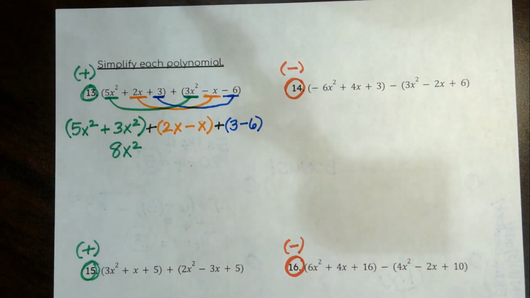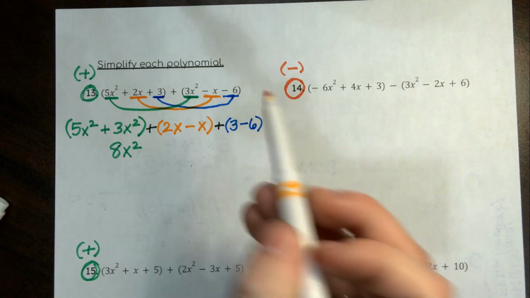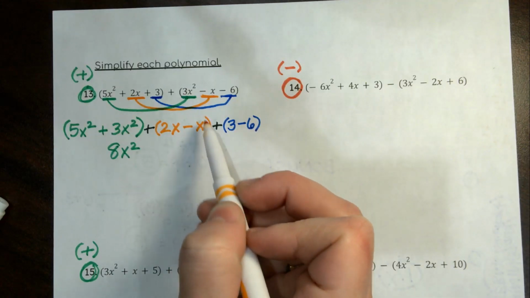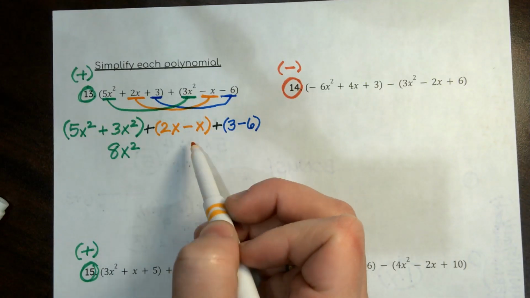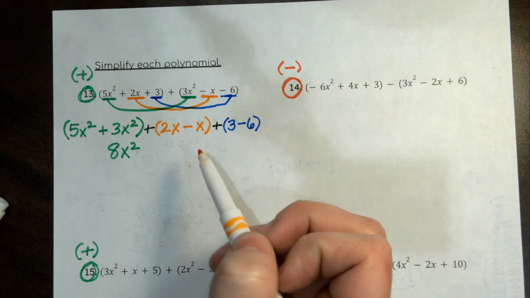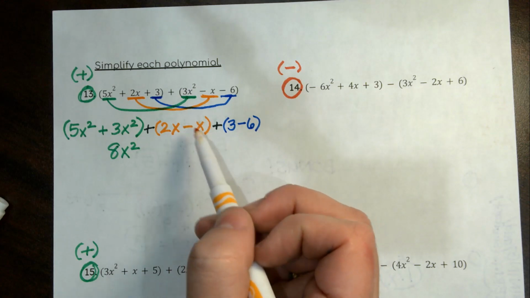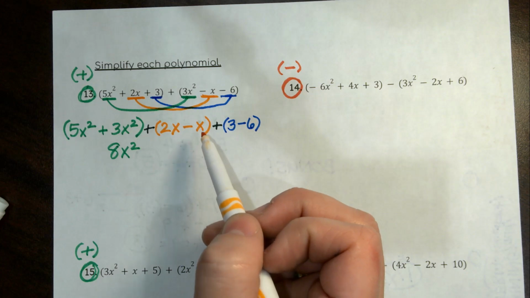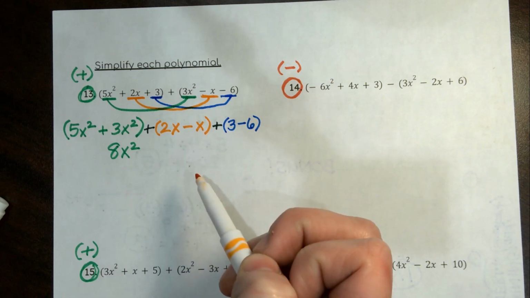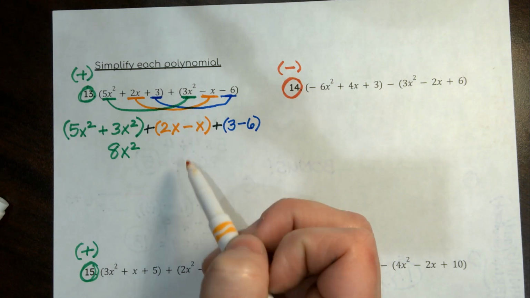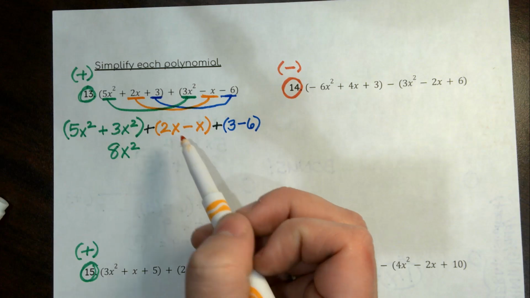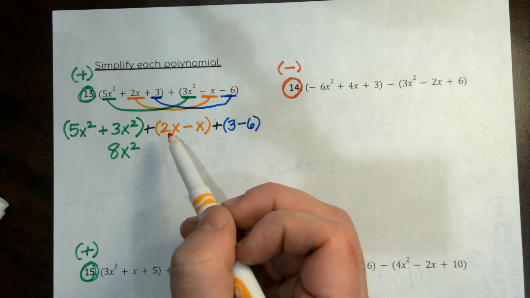Good. Now, remember, when we have a variable like x and there's no number in front of it, what does that mean that the number actually is? It's 1. Because if I see an x right here, I can tell by looking at it, there is one x right there. There's just 1. The only time there's more than 1 is if it tells me how many there are, like I got 2 here.